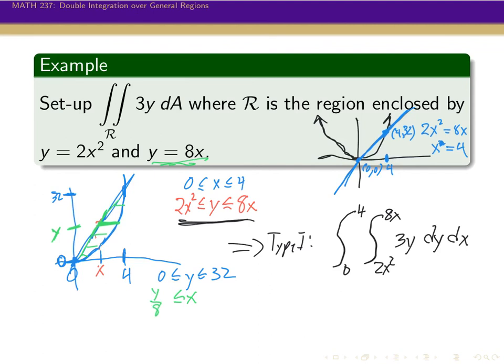And then we keep going until we hit the parabola. The parabola we have as y is equal to 2x squared. But we want to rewrite this, solving for x. And so we have y over 2 is equal to x squared, and then we take the square root of that. So in terms of x, this side of the parabola, we can write it as x is equal to the square root of y over 2.